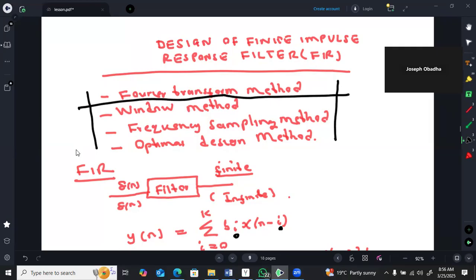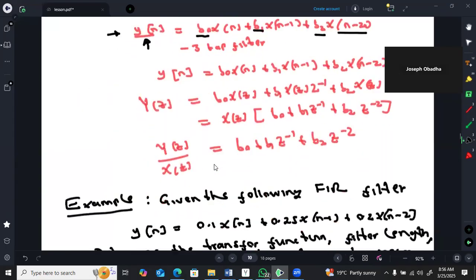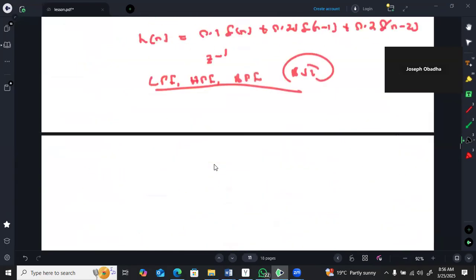So we'll proceed straight away and discuss the Fourier transform design method of the finite impulse response filter.